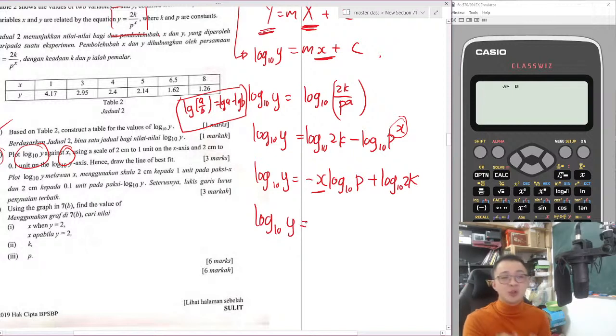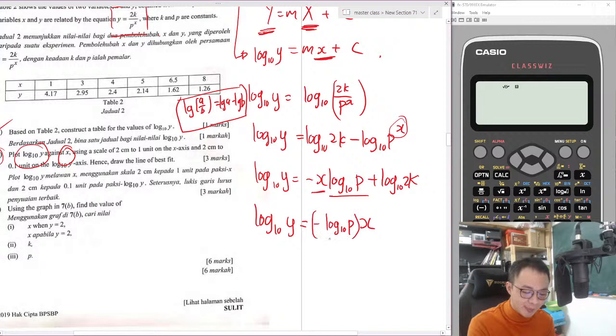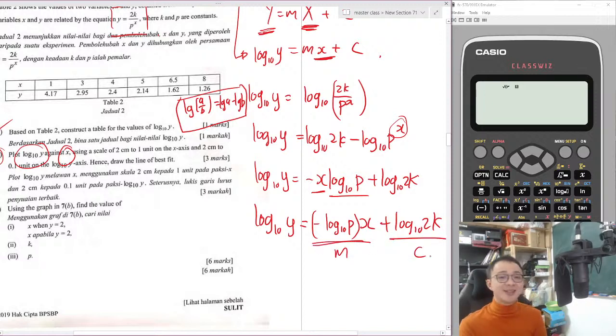So I will just shift log 10 p and x, because a multiply b and b multiply a we can change, right? So this is negative log 10 p x plus log 10 2k. After I solve this, at least I know this one will be my gradient, and this one will be my vertical intercept.